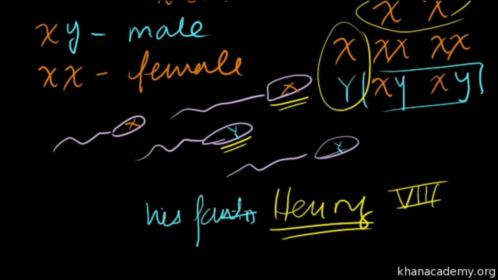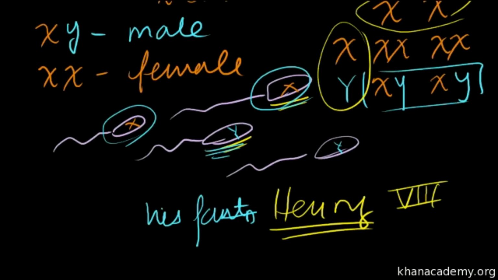He was maybe producing a lot more sperm that looked like that than like this. He eventually does produce a male heir, so if we assume it was his child, obviously he was producing some of these, but for the most part it was all Henry VIII's fault. So that's why there's a little bit of irony here: the people doing the blaming are the people to blame for the lack of a male heir.